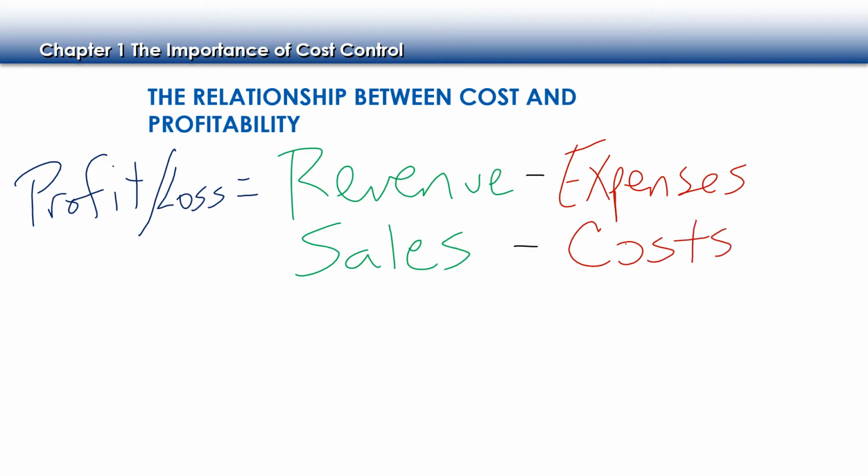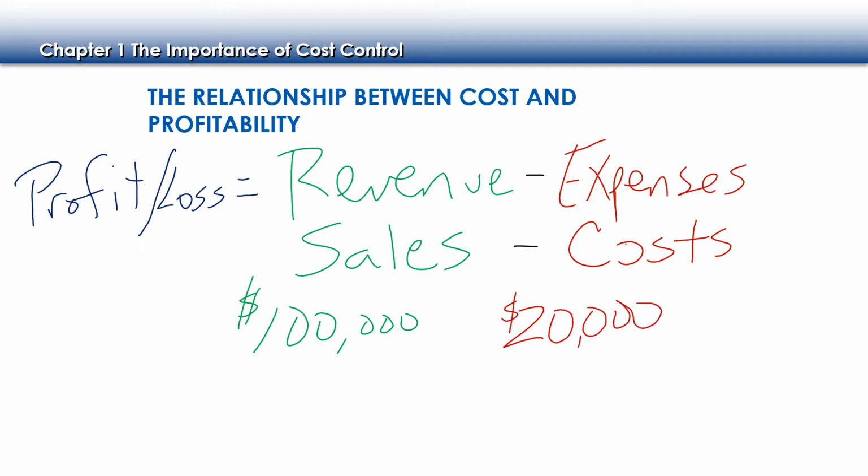And so if our revenue stays the same, let's say we have $100,000 in sales, and our expenses for that particular period were $20,000. Well, if we subtract those two numbers, then obviously we'll get $80,000.